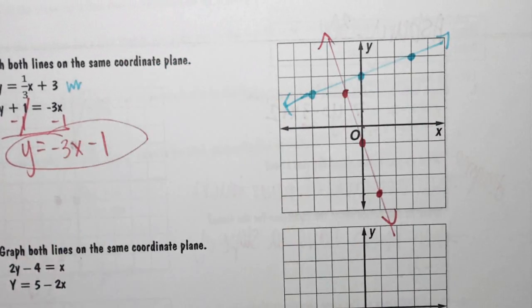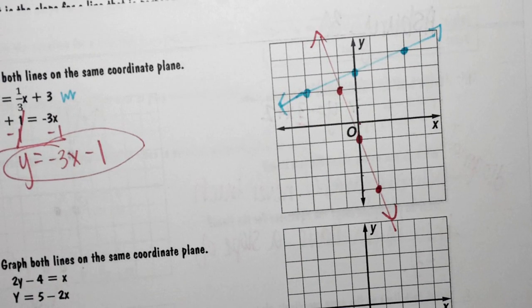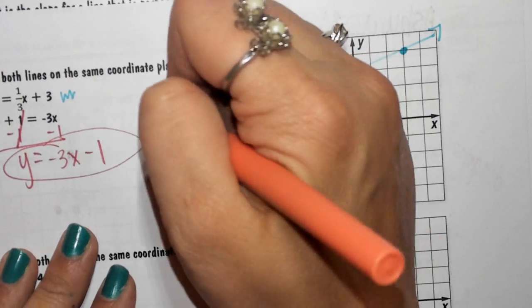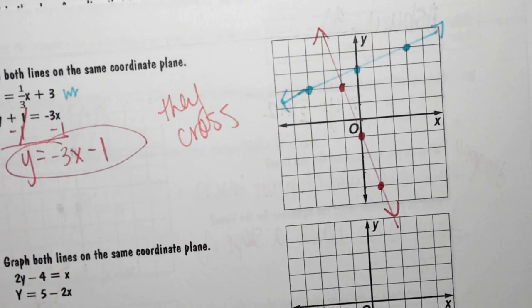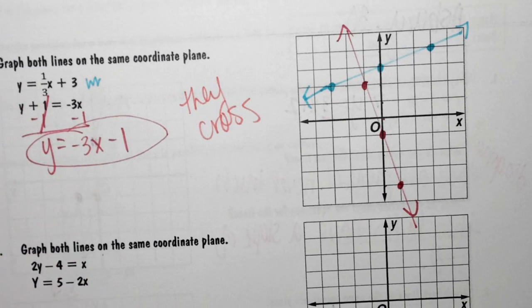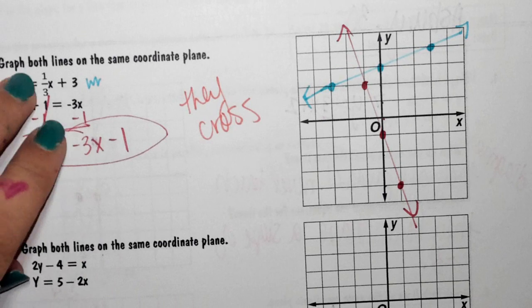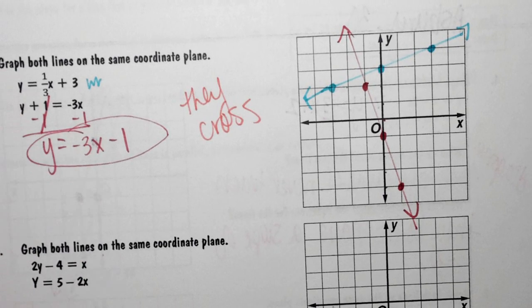Now, what do you notice about the graphs here? They touch, they cross, right? All right, so they cross. And what do you notice about the slopes of these? What do you notice about the equations? They don't have the same slope, but what kind of slope do they have?